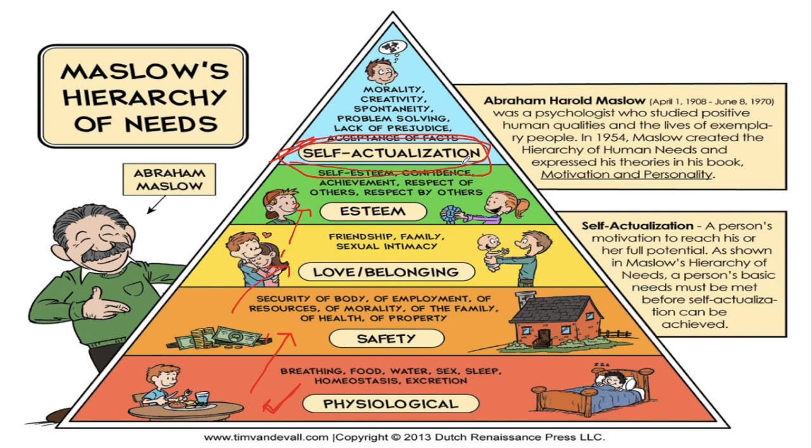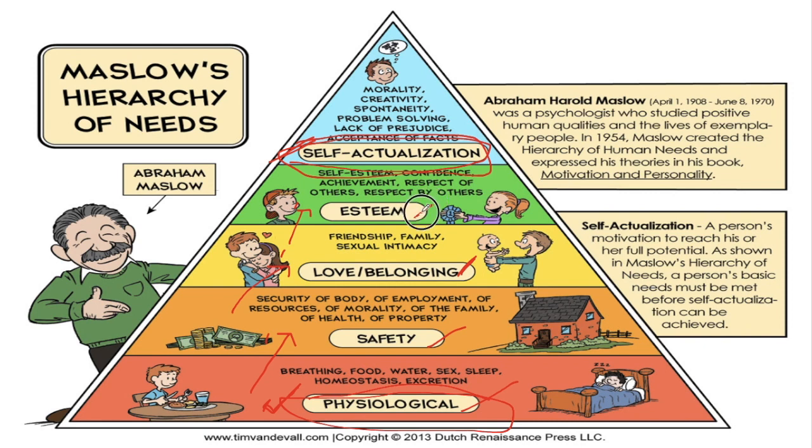As a teacher and as a parent, it is very important for us to provide the lowest steps first. Physiological needs first, the needs of the body, then safety needs, the security of the child, and love and belonging on the third stage.